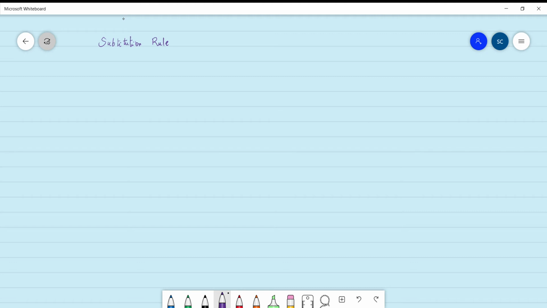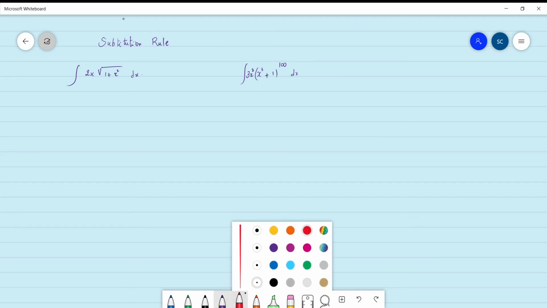For example, how can we find an antiderivative of 2x square root of 1 plus x squared? We will also be able to answer how to compute the integral of (x^3 + 1)^100 times 3x^2 dx. So we will have answers to this kind of computation.